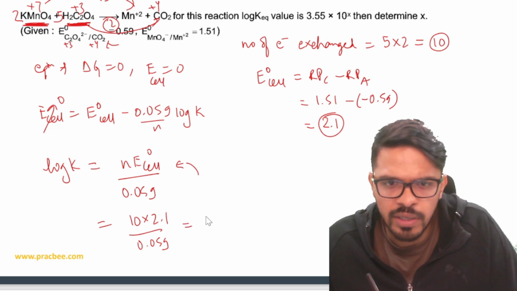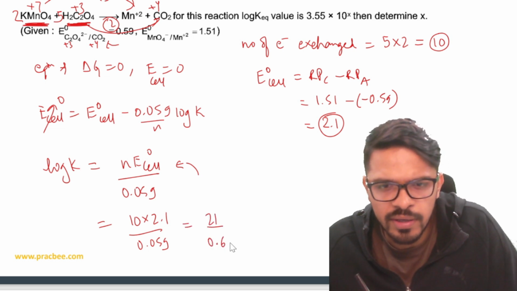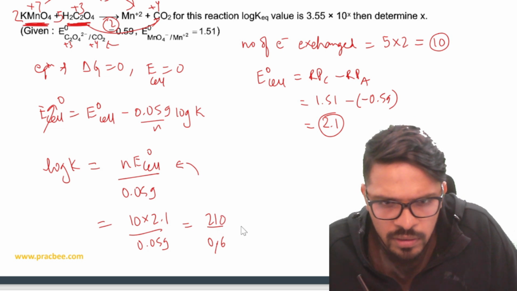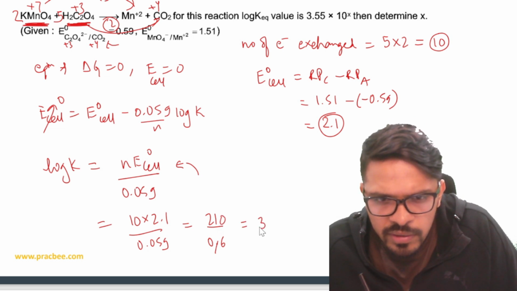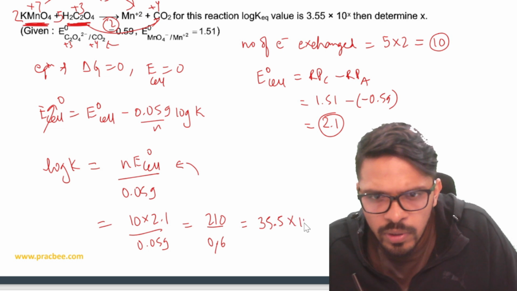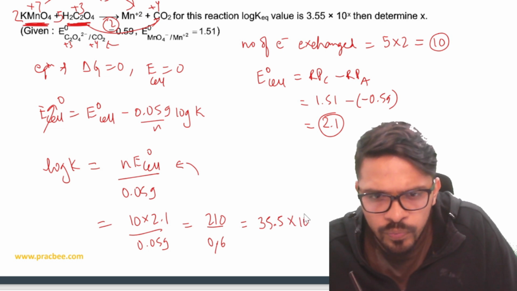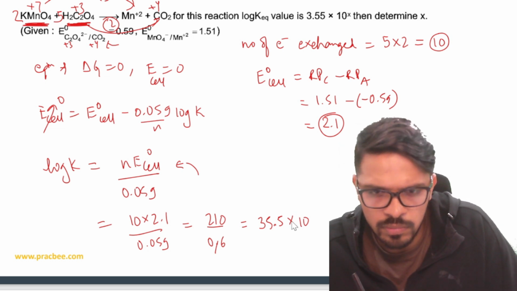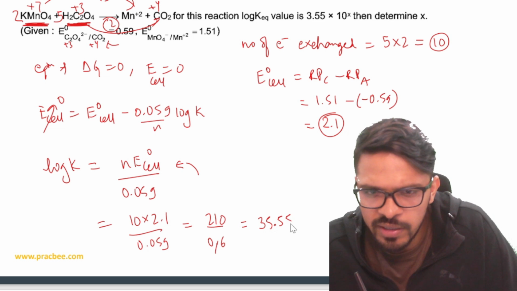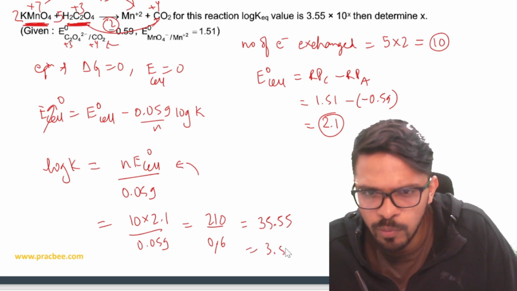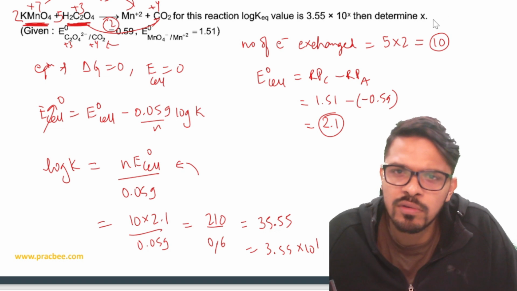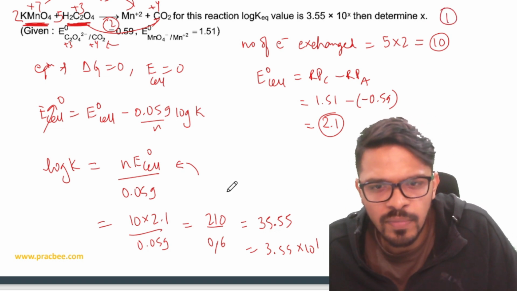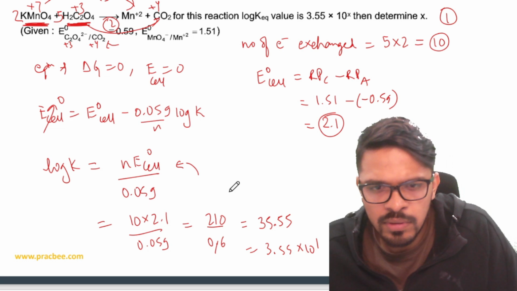It is approximately 35.5, so I can say this is 3.55 into 10 to the power 1. So the value of x should be 1, right? Yes.